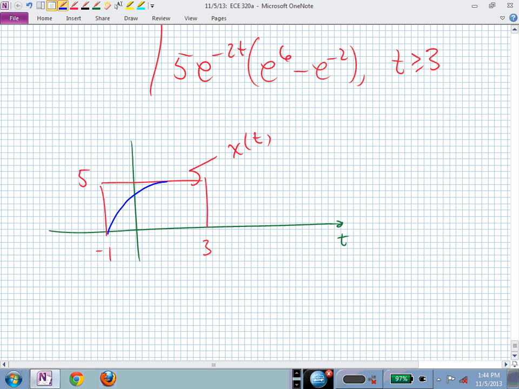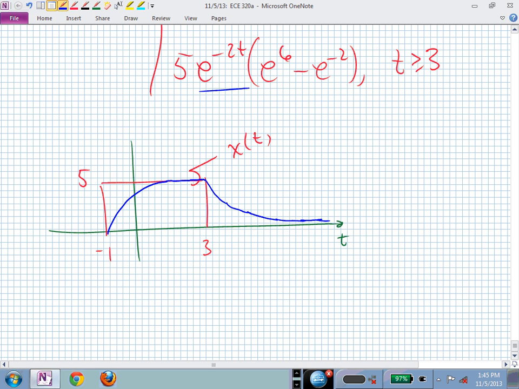So now our output looks like that. And then it's locked on, and then what's going to happen? Then it's going to start decaying. This is now a decay, isn't it? And when will it be 0? Well, that e to the 6 is kind of dominating some things, but at 3, that e to the minus 6 and e to the 6 cancel.